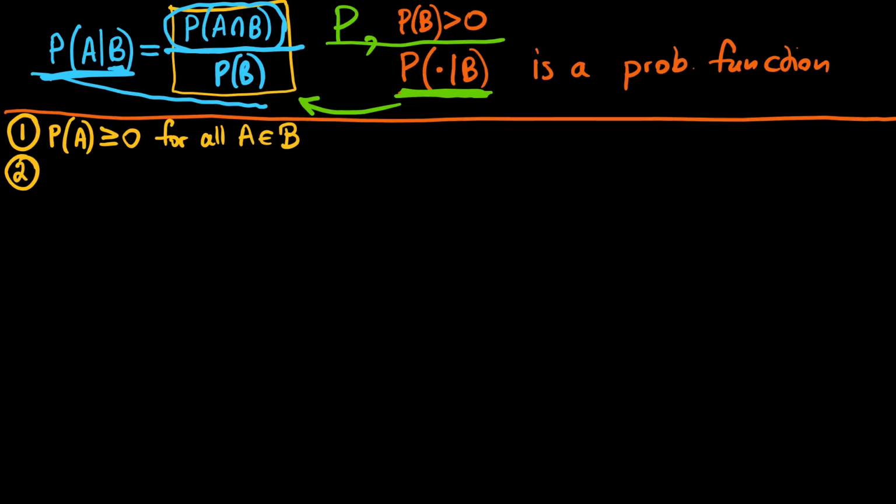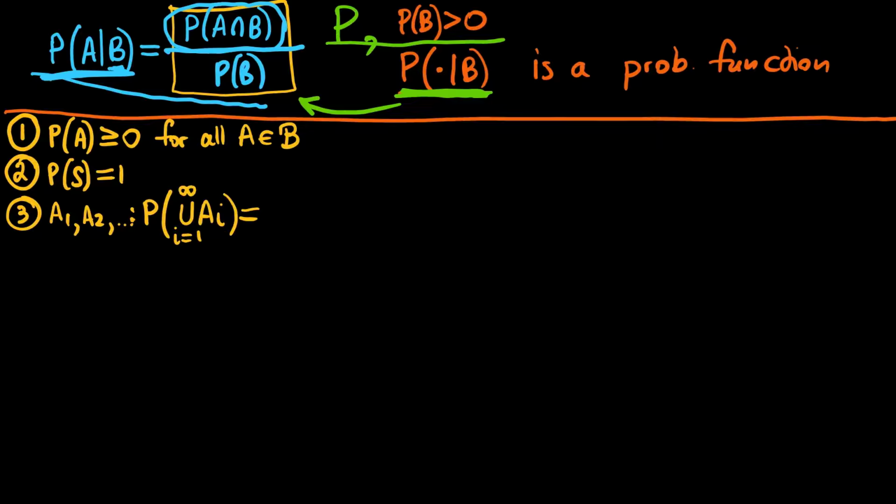The second one said that the probability of the sample space is 1, and the third one said that for pairwise disjoint sets A1, A2, and so forth, the probability of the infinite union of Ai is equal to the infinite sum of the individual probabilities.